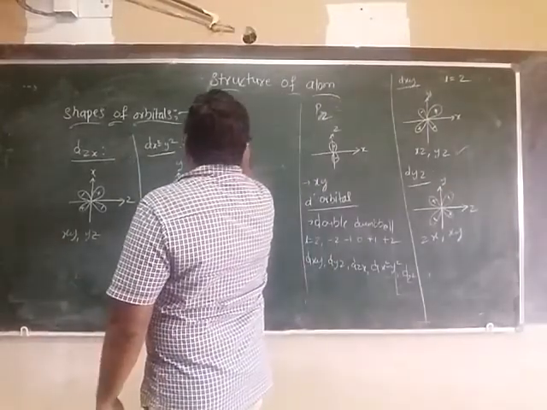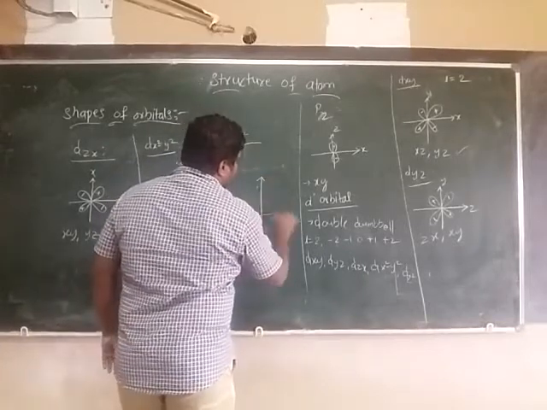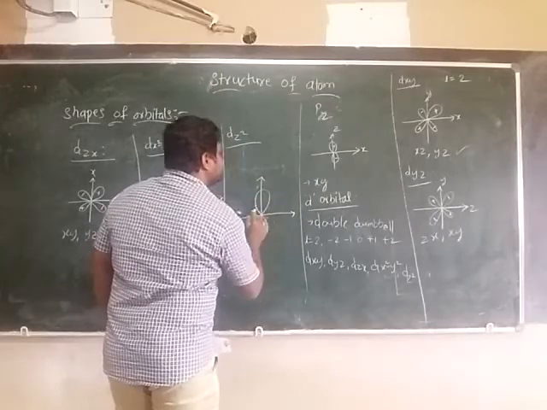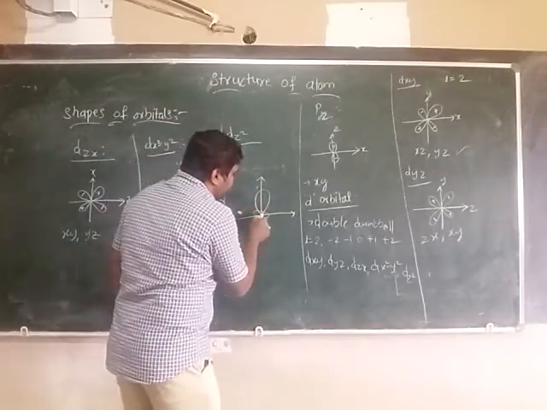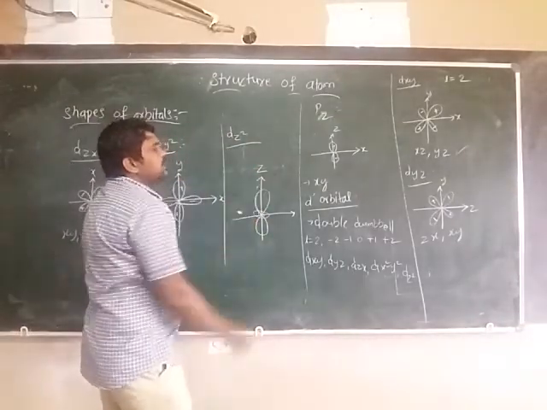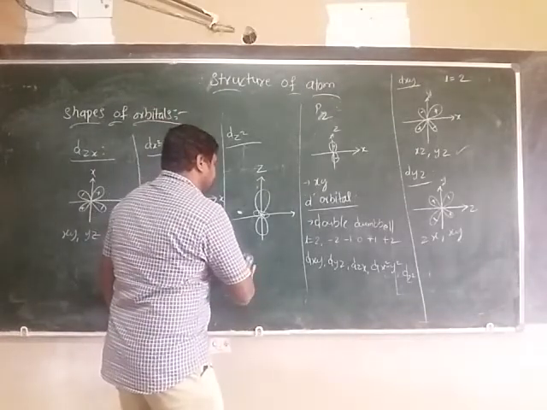Next, another one, dz square. So here, dz square. Along the z-axis, we find the two lobes, and we find here one collar. So this is dz square. It does not have any nodal planes.